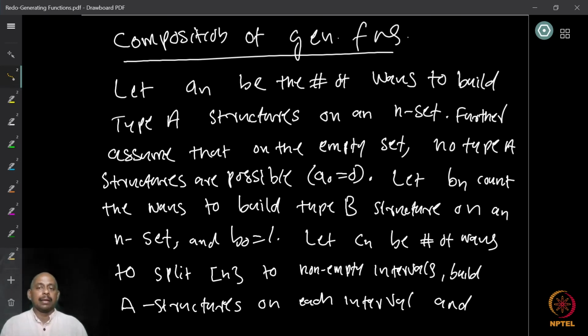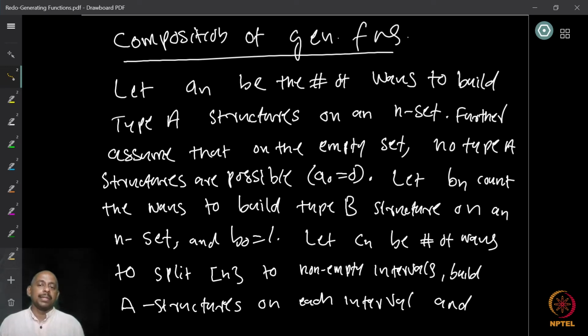Then Bn, let's say, denotes the number of ways to build a type B structure on an n element set, and B0 is 1. Okay, so this assumption is not strictly necessary, but it will be good for us in this type. So B0 equal to 1 is not really necessary, but A0 equal to 0 is strictly needed.